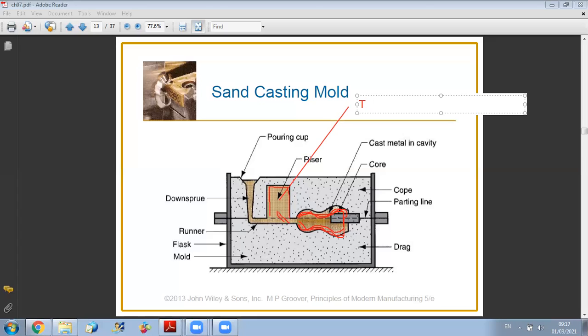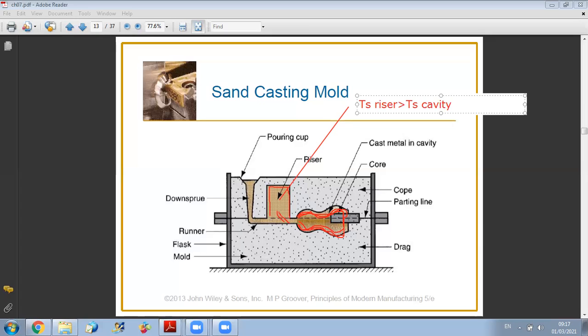So we should design the riser in a way that the total solidification time of the riser is larger than the total solidification time of the cavity.